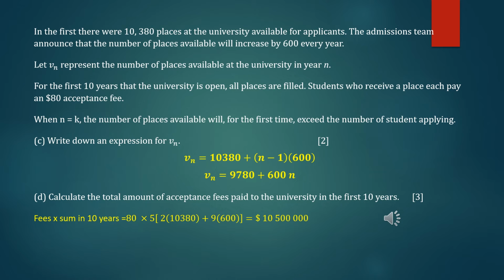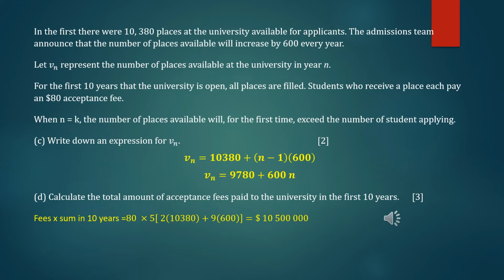In the first year, there were 10,380 places at the university available for applicants. The admissions team announced that the number of places available will increase by 600 every year. Let V sub n represent the number of places available at the university in year n. For the first 10 years that the university is open, all places are filled.